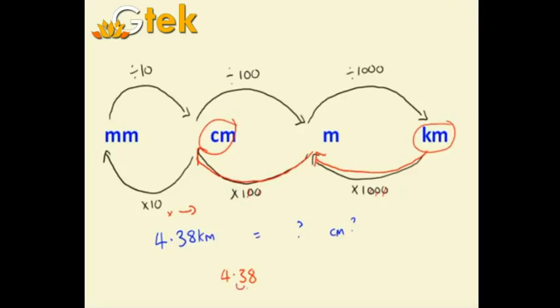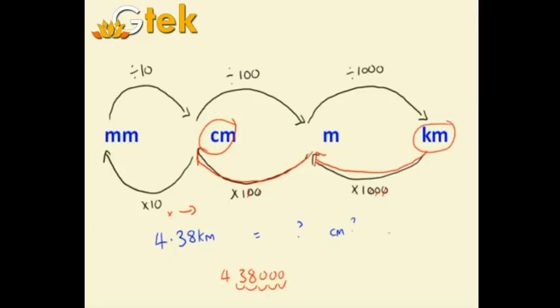So 5 zeros I'm having. So 2 digits after the dot. So I have to move my dot to my right side. So 3 zeros I had added and 2 zeros I just neglected. So my answer is 438,000, right? So that's how we are going to convert our units from one unit to another unit.